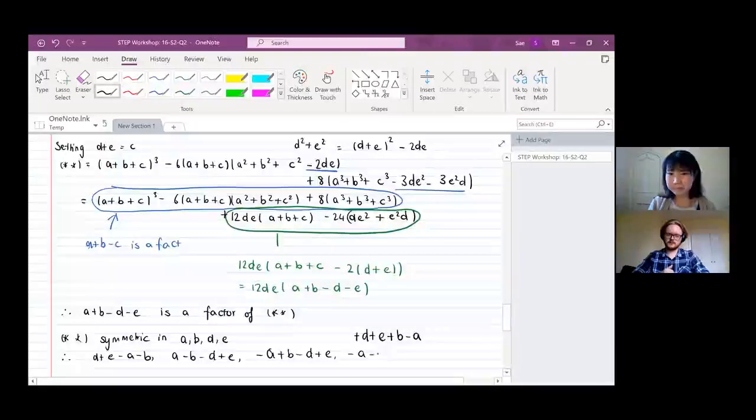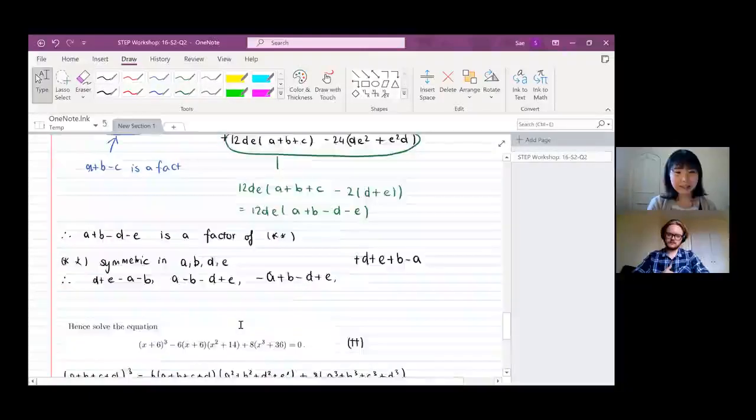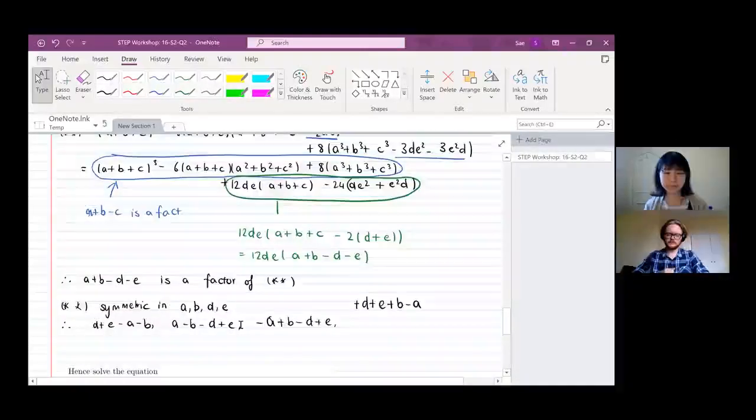And then we have minus a minus b plus d, which we already have. But thank you again. So a plus b minus d minus e and d plus e minus a minus b are essentially the same because you've just multiplied by minus 1. So I'm going to cross this one out.